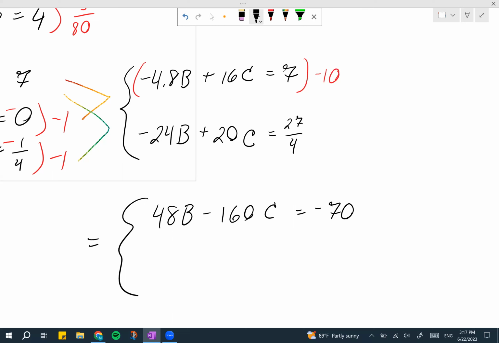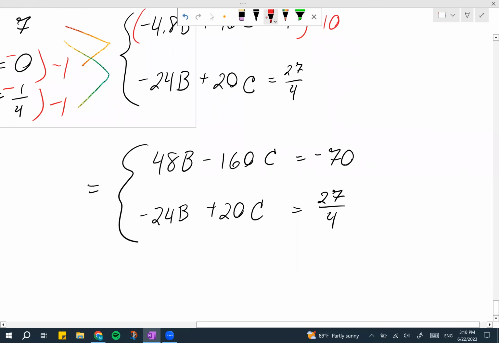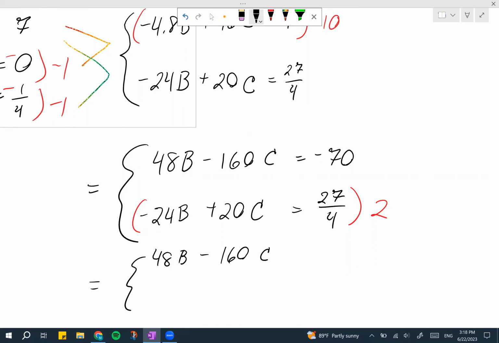And my bottom expression is still negative 20, excuse me if I say denominator, I mean the bottom expression right here. Alrighty. Now I'm going to multiply this bottom expression by 2. And that's going to give me 48b minus 160c equals negative 70.